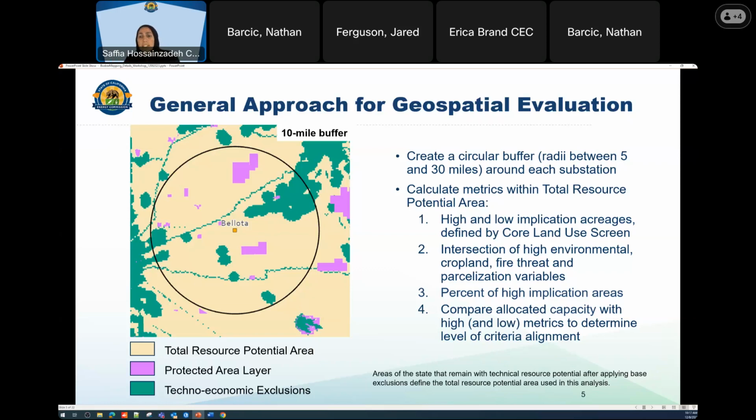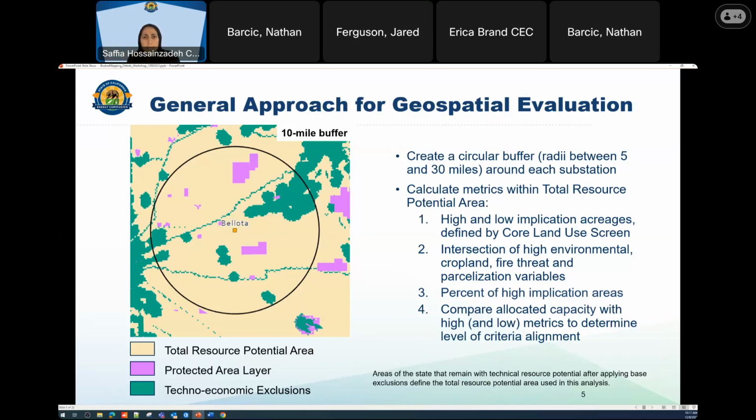So low implication land is the area remaining outside of the core land use screen, and high implication land is the area that's defined by the core land use screen, and it represents areas that are likely to face higher constraints for renewable energy development.